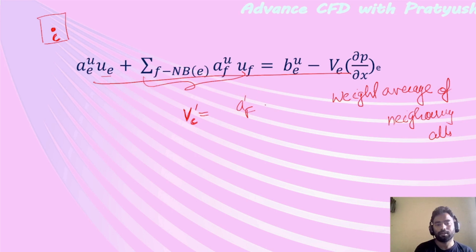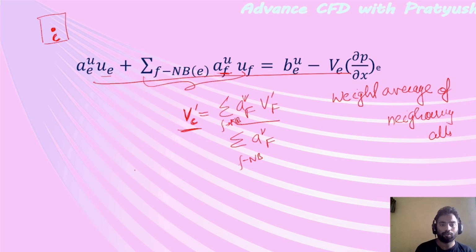To find this weighted average of the neighboring cells, I can write it as the sum over neighbors of aF V'F upon the sum of aF. This is the method of finding the weighted average. Now I can further modify it.